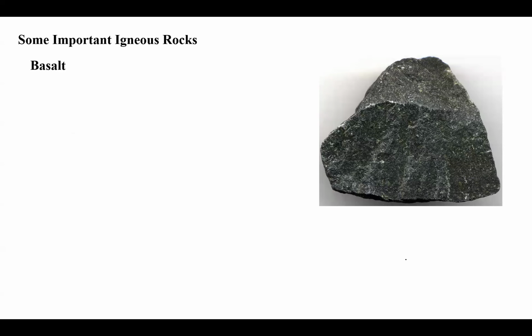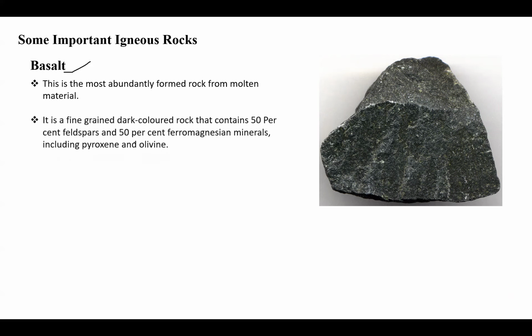Now let us go into detail about igneous rock. Basalt is a very abundant rock formed from molten material. Basalt is an extrusive rock formed above the earth's surface. It's a very fine grained, dark colored rock consisting of 50% feldspar and 50% ferromagnesian minerals, including pyroxenes and olivines.